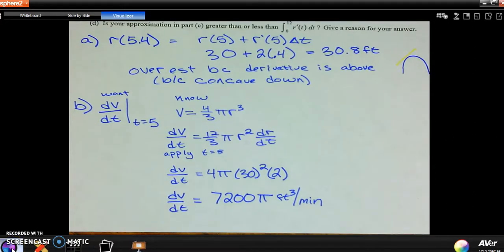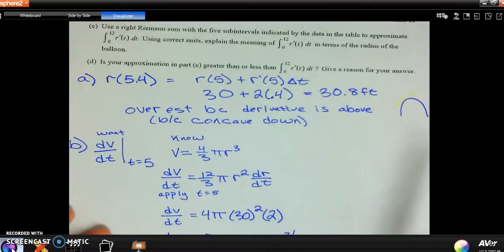Okay, so then in part C, they're saying use a right Riemann sum with 5 subintervals indicated by the data in the table to approximate the integral. Okay, so we know Riemann sums approximate the integral, so that's fine.